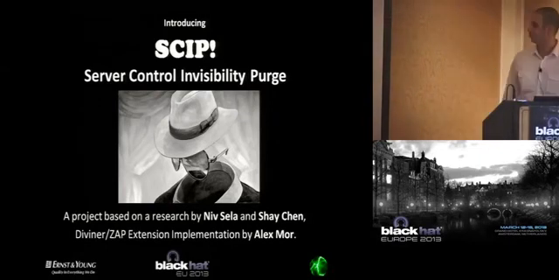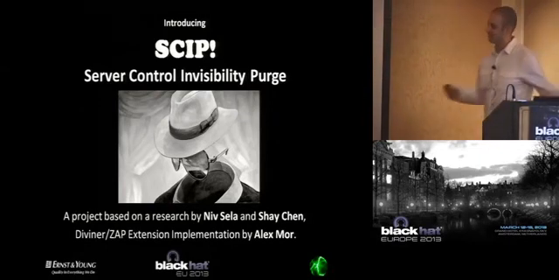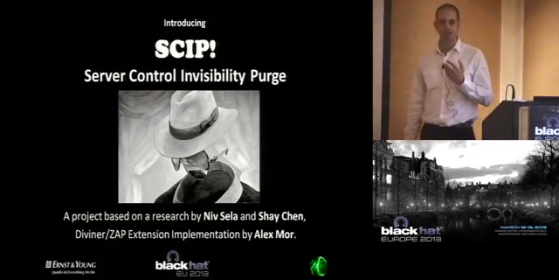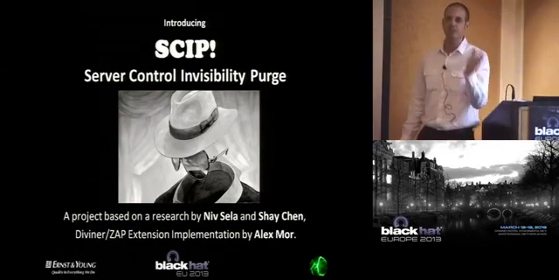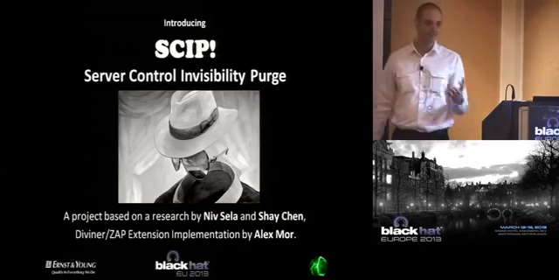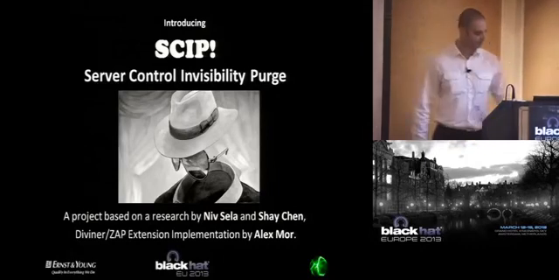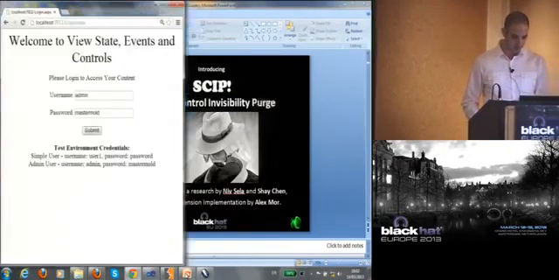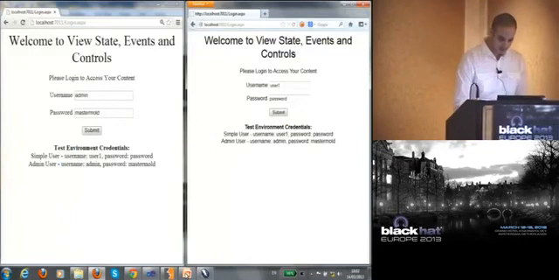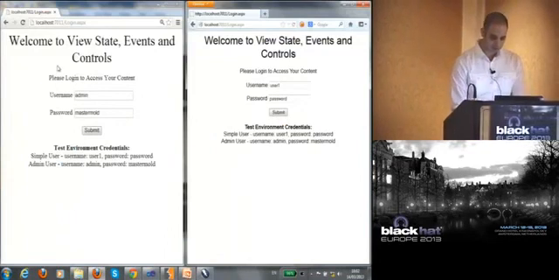Now, instead of delving into the mechanics of this attack directly, I want to give you a short demonstration that really emphasizes exactly what this attack is, what it does, and how we as pen testers benefit from it.